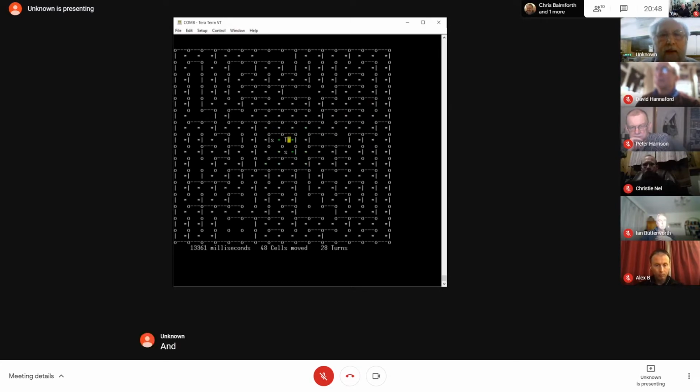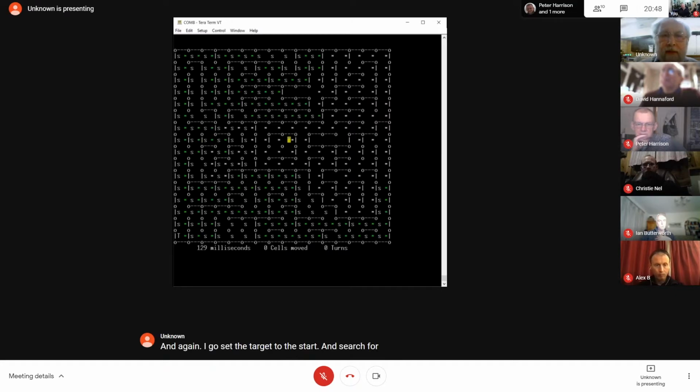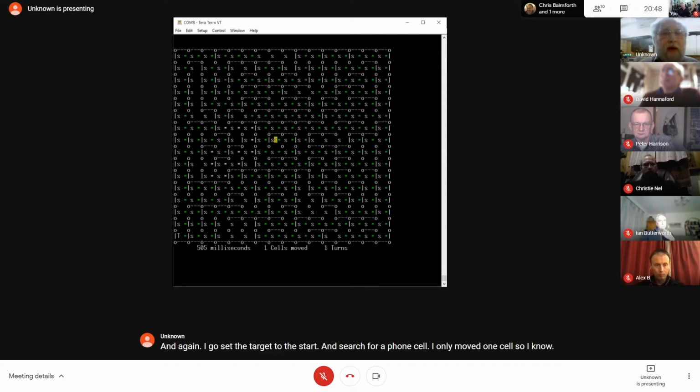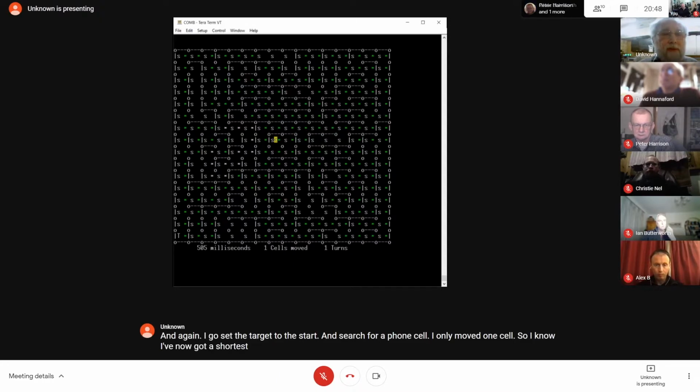And again, I set the target to the start and search for a found cell. I've only moved one cell, so I know I've now got a shortest route from the center to the start.